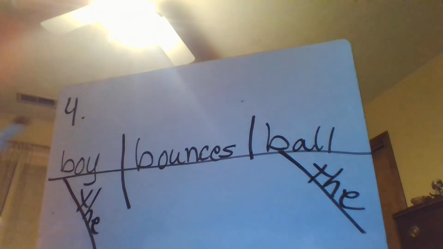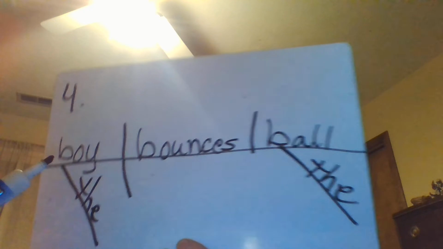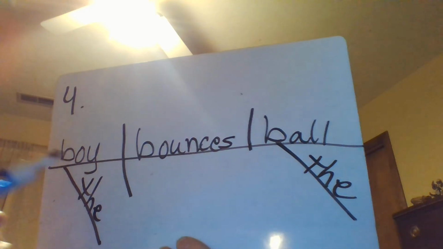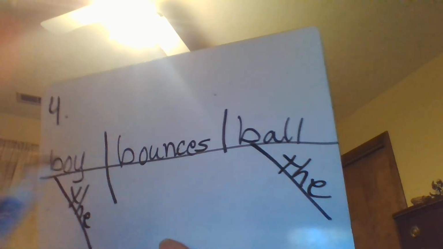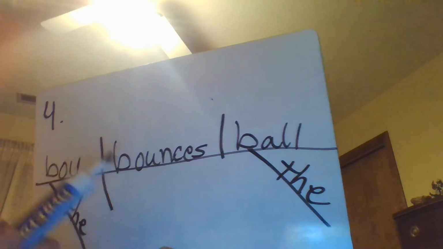All right, here's what it looks like. We have boy, which is our subject. The tells us that there's one boy, so it modifies, it goes on the diagonal line. What is the boy doing? He is bouncing. That is our verb.